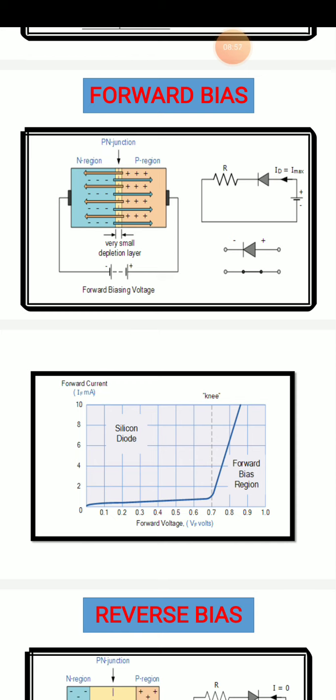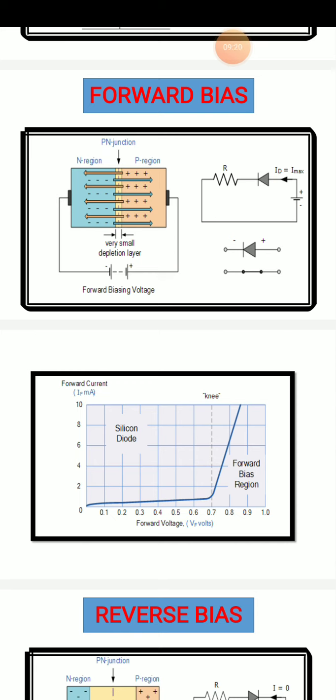So first, forward bias. We can see the circuit diagram over here, the N region and P region. The negative terminal is connected to the N region, and the positive terminal is connected to the P region.